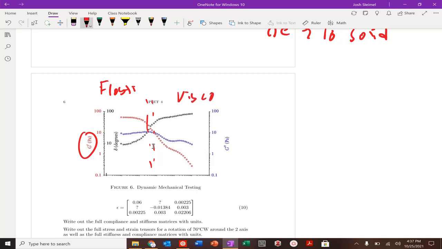So we are elastic at temperatures that are very low, strain rates that are very high, and times that are very low. Viscoelasticity, on the other hand, is at temperatures that are very high, strain rates that are very low, and times that are very high. You can do the same thing for frequencies that are very high and very low.